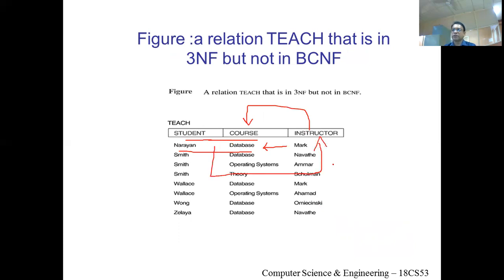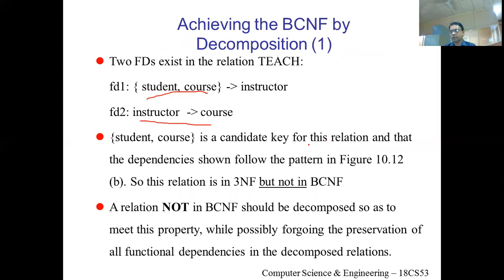Like this, instructor determines course, and student and course determine instructor. Check whether it is in BCNF. No, instructor is not a super key. INS determines course. INS is not a super key, so this is not in BCNF, right? Student and course is a candidate key for this relation, and the dependency is shown in the figure.